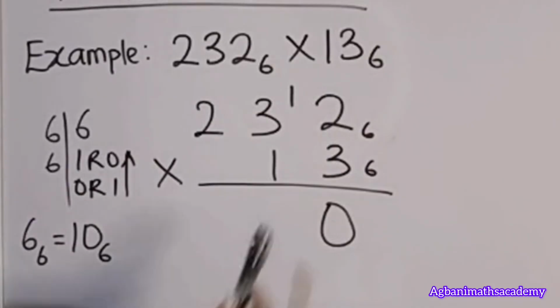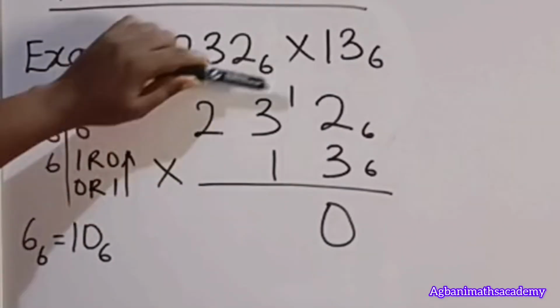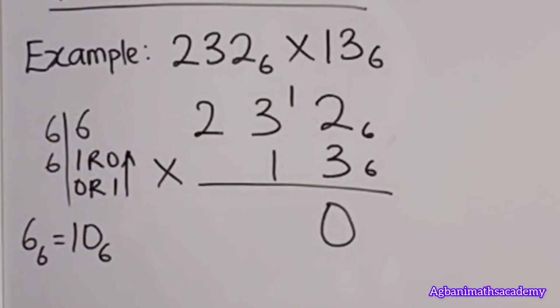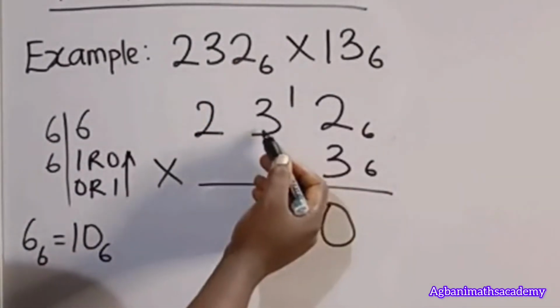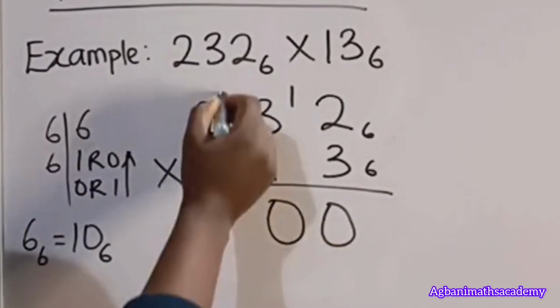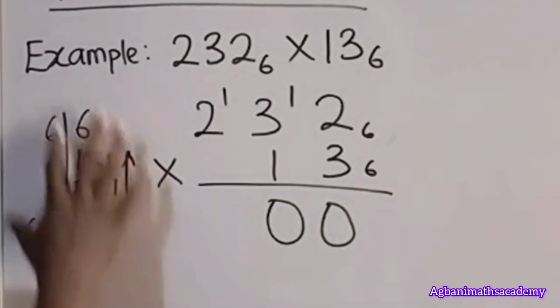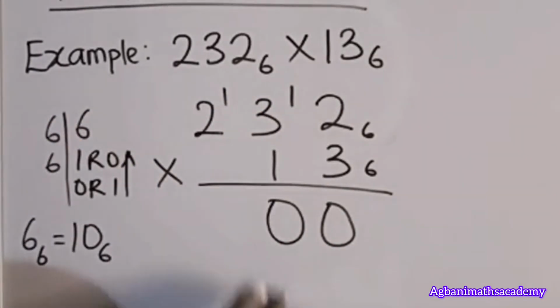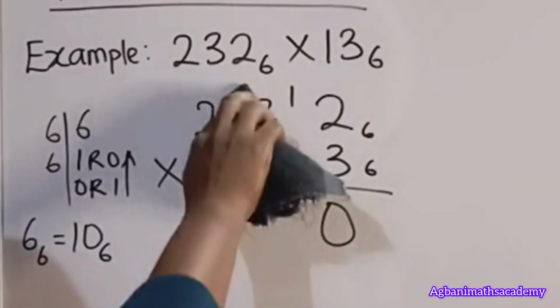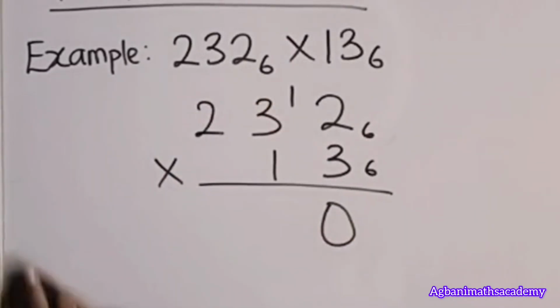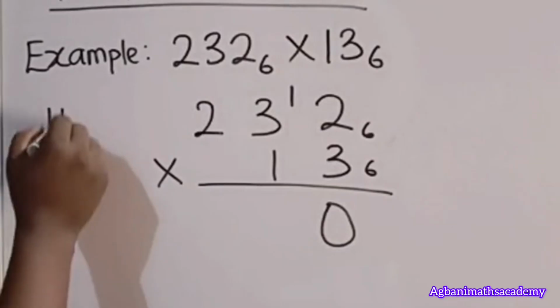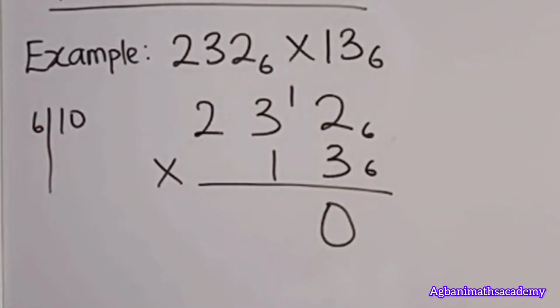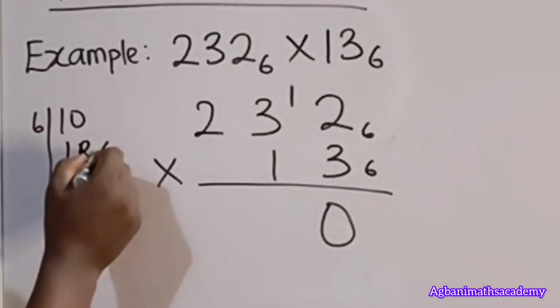Next, we have 3 times 3. That gives us 9 plus 1, that gives us 10. Are we going to write 0 here and put 1 here? No. The same thing we have been doing here, we're going to do it again. 10 divided by 6 is 1 remainder 4.